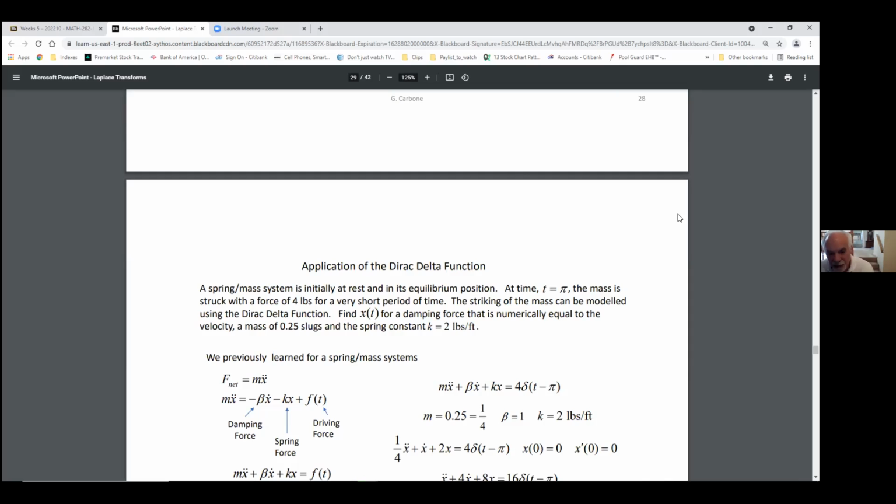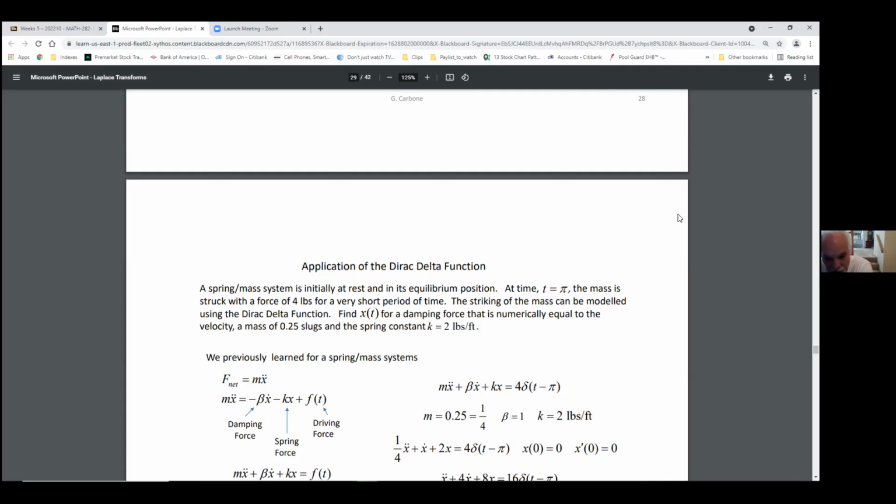We want to find x, the position as a function of time, where the damping force is numerically equal to the velocity. We're also told that the mass is equal to 0.25, and that the spring constant is equal to 2 pounds.